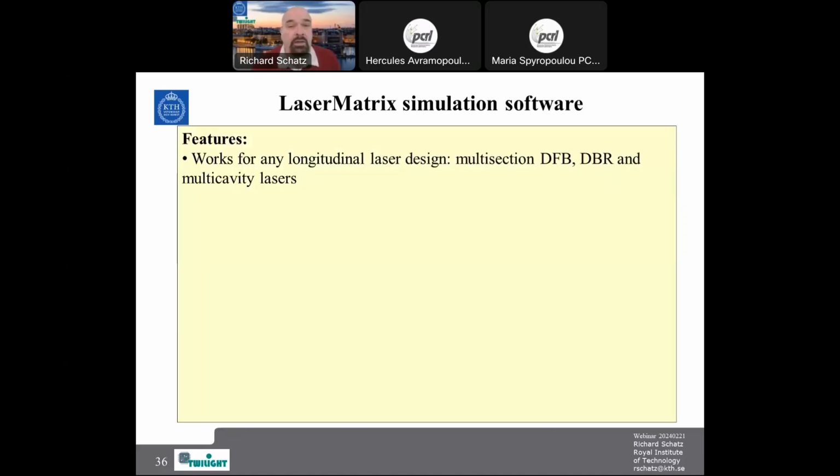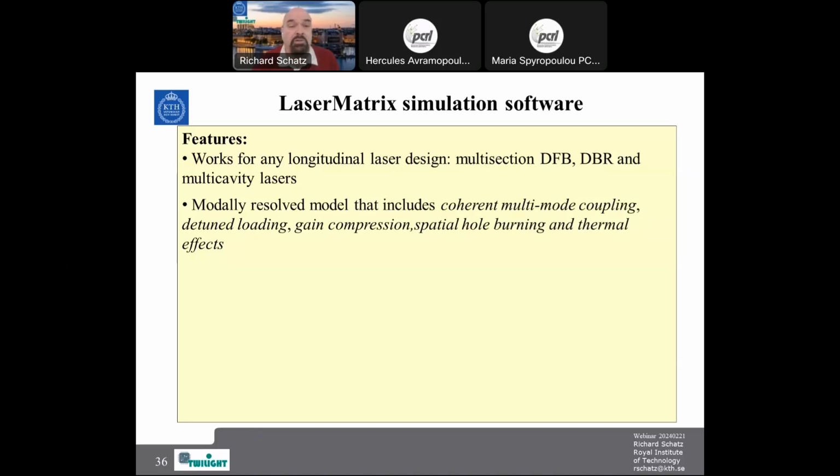So the features of LaserMatrix are that it works for any longitudinal laser design. You can use it for multi-section DFB lasers, DBR lasers, and multi-cavity lasers. It's a modular result model. It includes the coherent multi-mode coupling that is responsible for photon-photon resonance. It includes the detuned loading effects, the FM to AM conversion effects, gain compression, spatial hole burning, and also thermal effects.